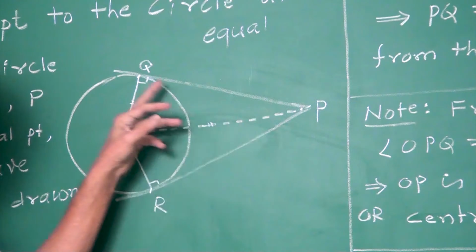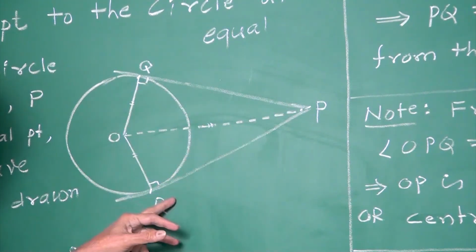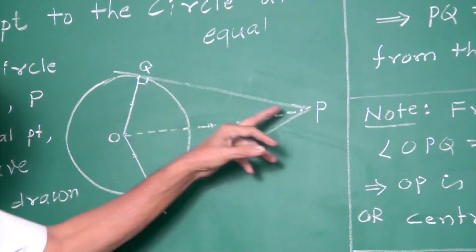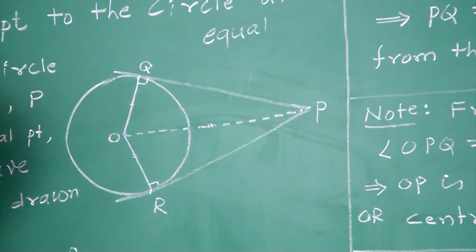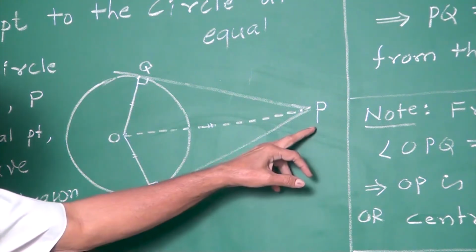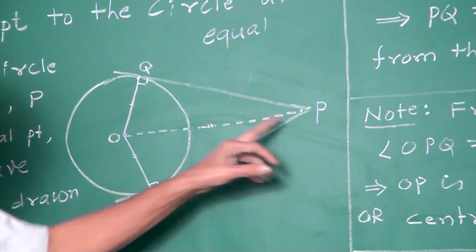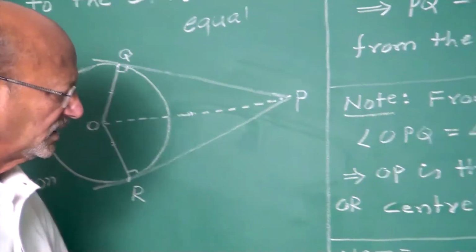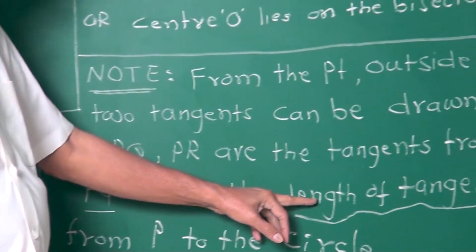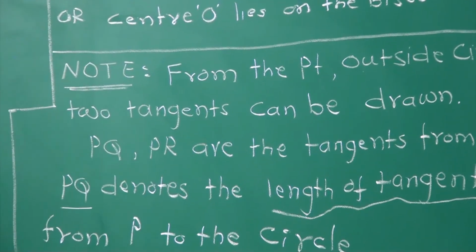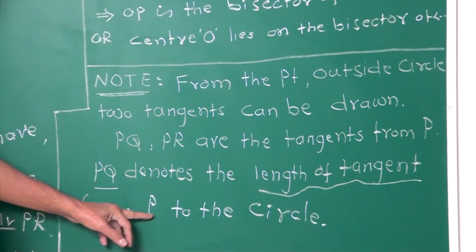One is PQ, another is PR. PQ denotes the length of the tangent drawn from the outside point P to the circle.